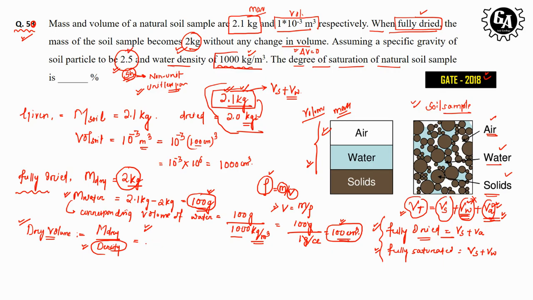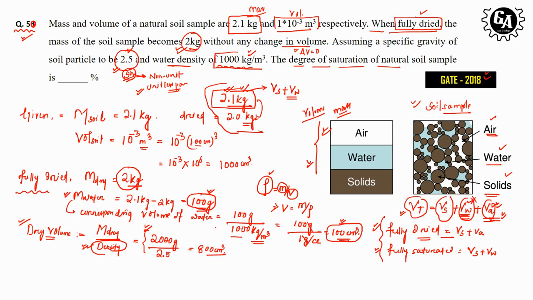So what is the dry mass? This is 2 kg, that means 2000 gram. And what is the density? That is here 2.5. The specific gravity and density are both the same in this case. So 2000 by 2.5, that is 800 centimeter cube.